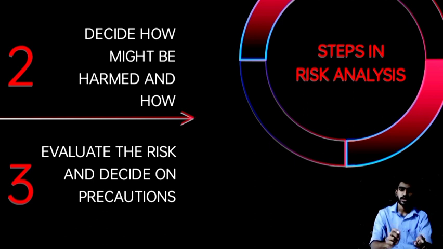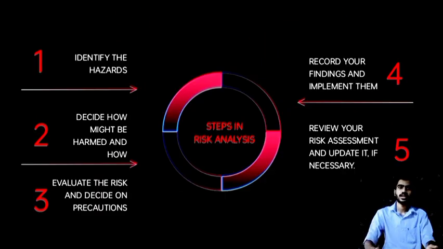We can also look into redesigning the job, replacing the material, machinery or processes, organizing work to reduce exposure to the materials, machinery or process, identifying and implementing practical measures needed to work safely, and providing personal protective equipment and making sure workers wear it. So, that is an example for the third step in risk analysis.